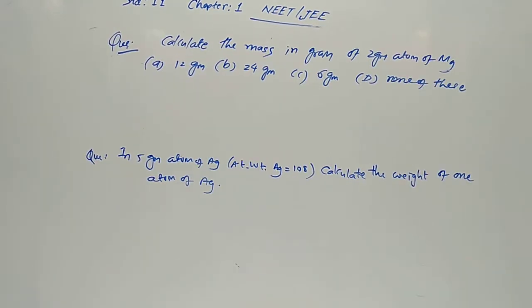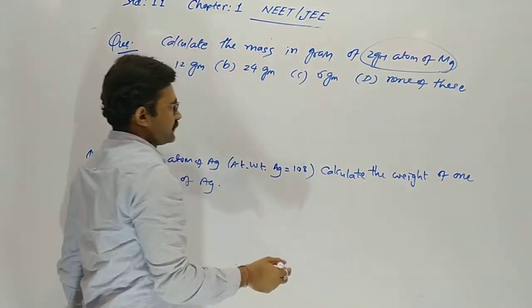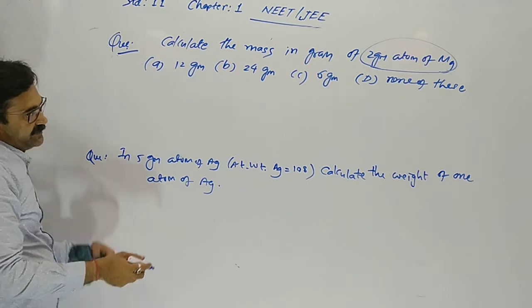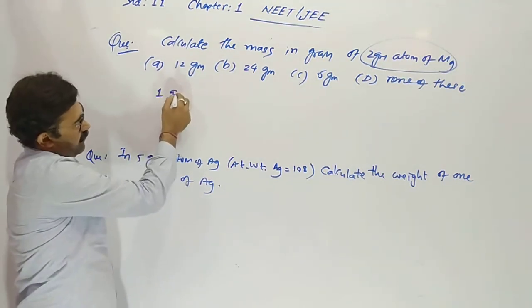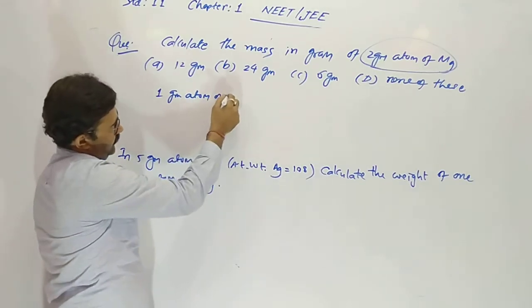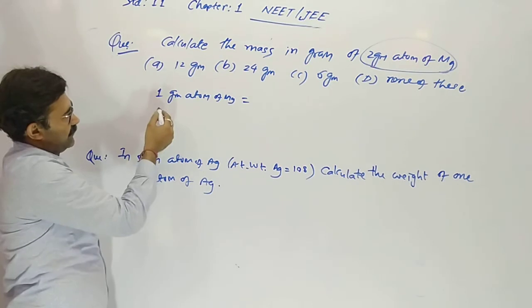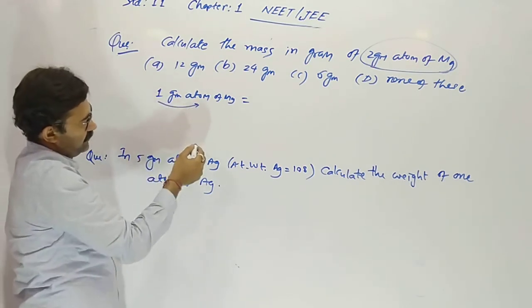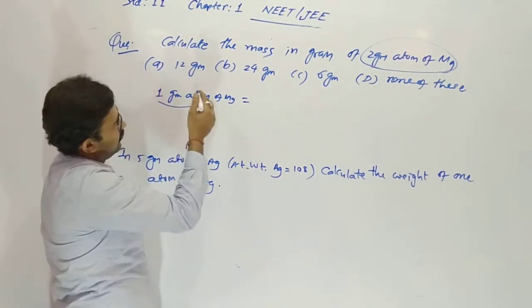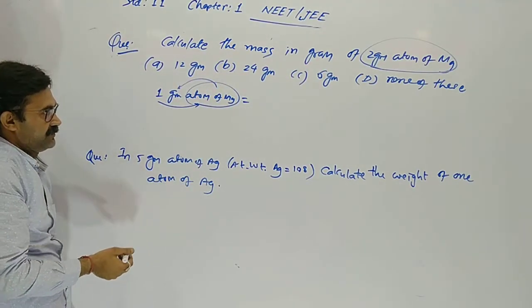Now next, calculate the mass in gram of 2 gram atom of Mg. 1 gram atom of Mg means not 1 gram, but 1 mole of magnesium atoms, having its mass in gram.